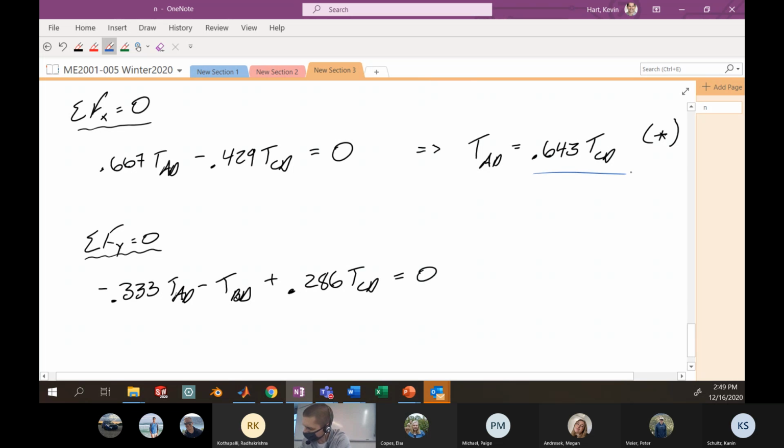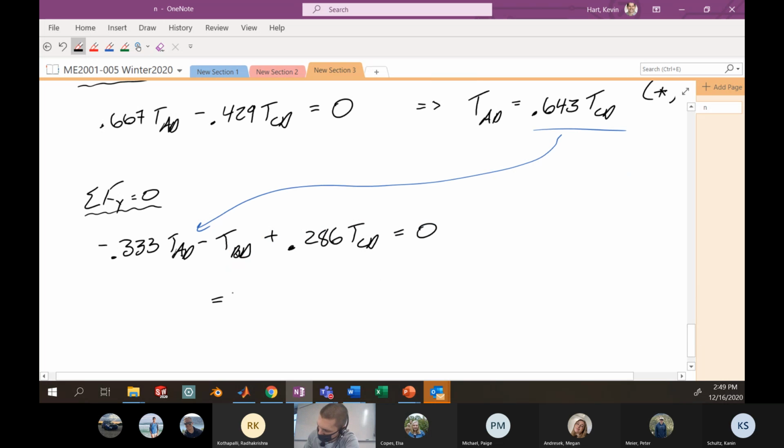I can make this substitution here. I can simplify down and get another relationship between CD and BD. If I do that, I'll get a relationship that TBD is 0.072 TCD. Just plug and chug. It's kind of like freshman level algebra, I guess. Pre-algebra, I guess.